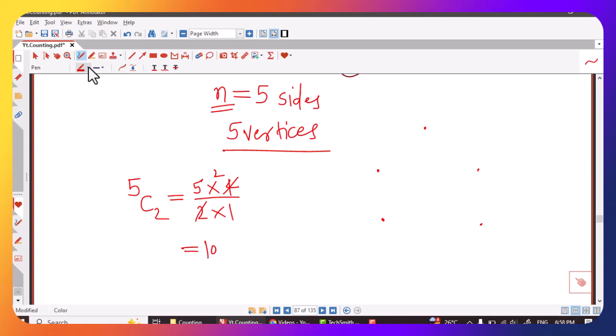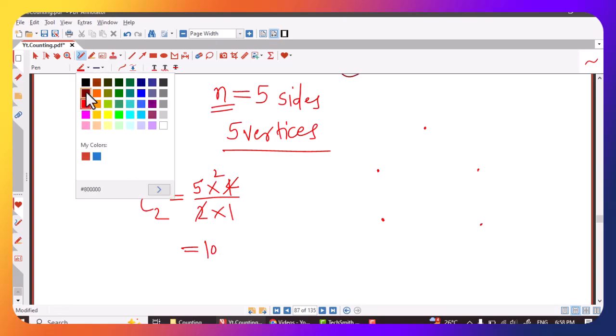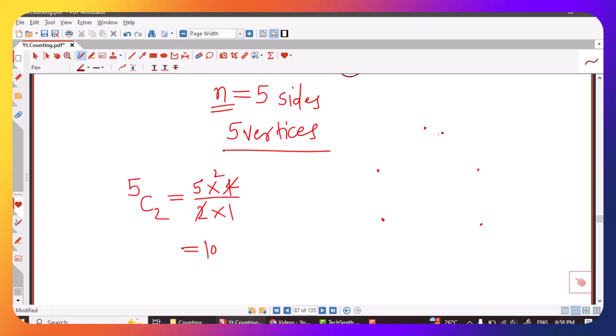And we can check whether 10 line segments are there by joining any 2 vertices out of these 5 vertices. So first we join all these. These are the 5 vertices, 5 sides. Then from this vertex, this line segment is possible.